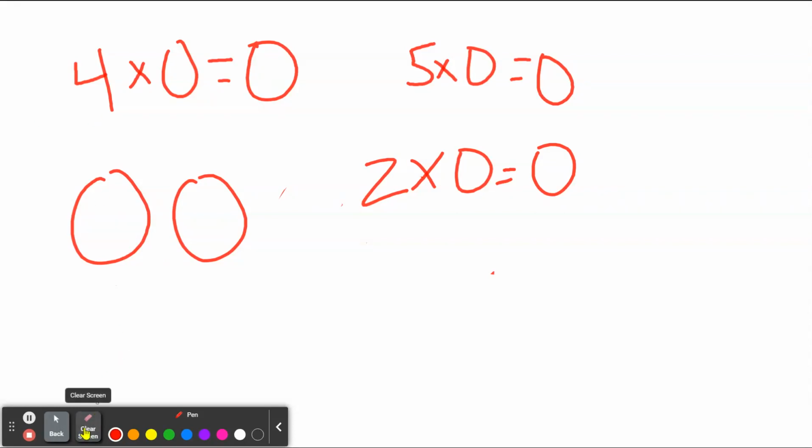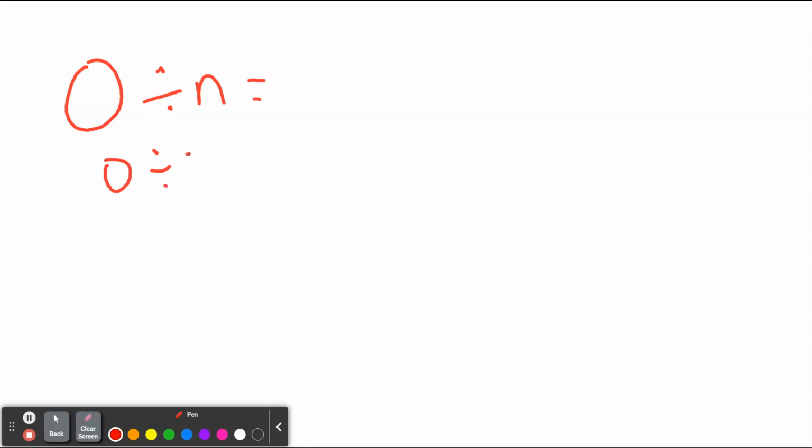Now, what about if we do this with division? So if I have 0 groups, and I divide it by some number, how much is that going to give me? So if I have 0 groups of, let's say, 7, let's say 0 divided by 7.